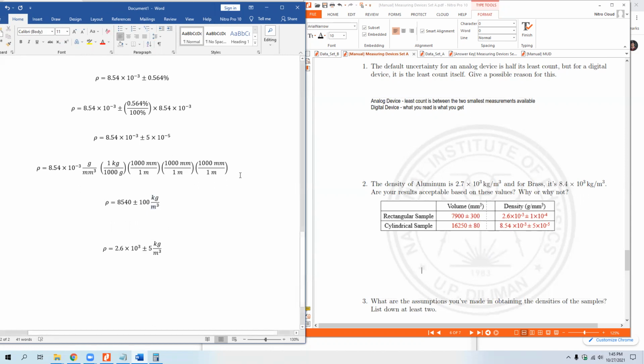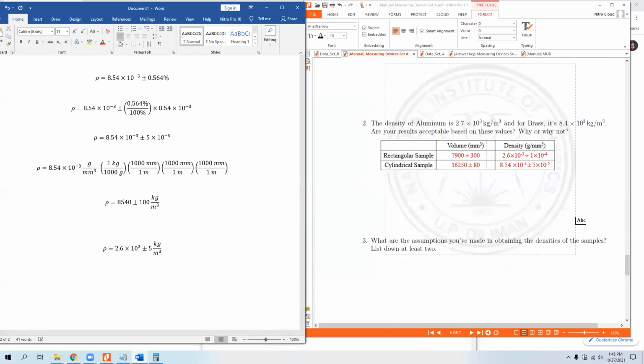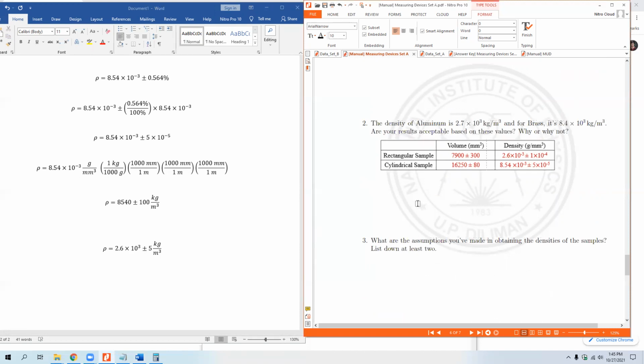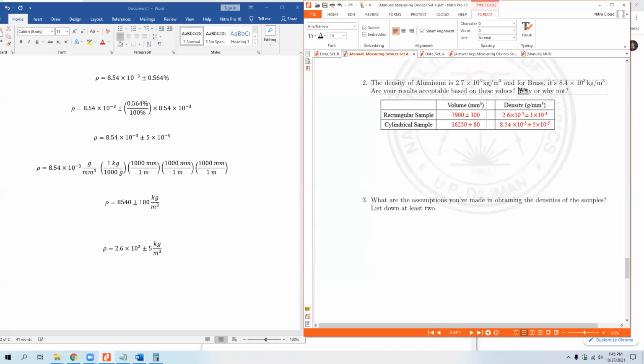So again, given the range of these uncertainties, the farthest I can reach is 8.44. So both of my densities fall short of the accepted values. So the results are not acceptable because they fall short of the uncertainty ranges. Accepted values are not in the interval of my uncertainty.